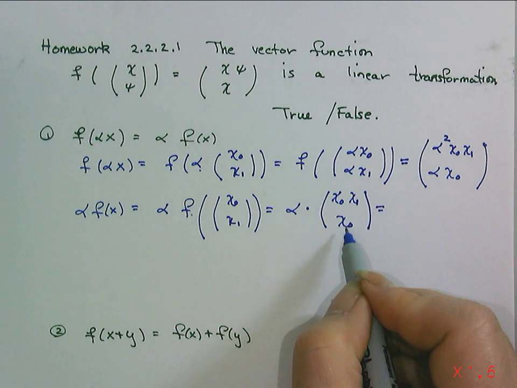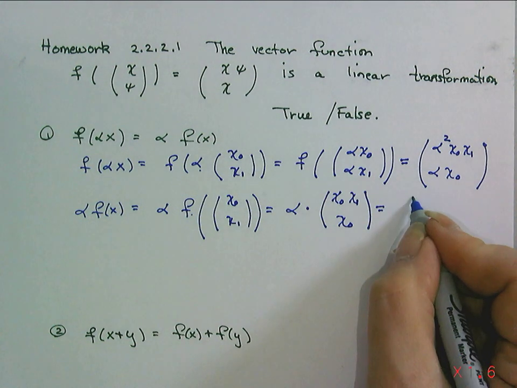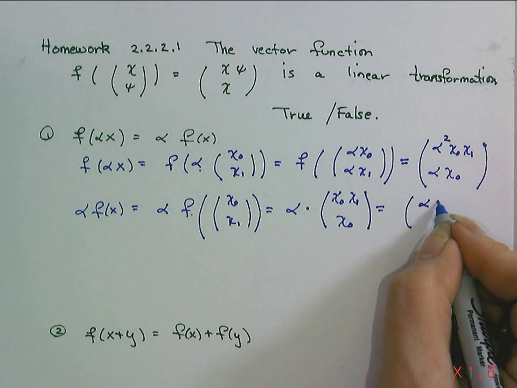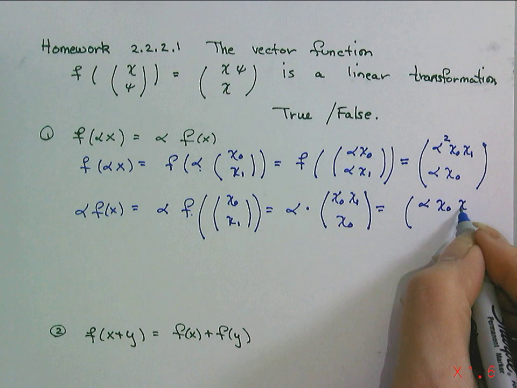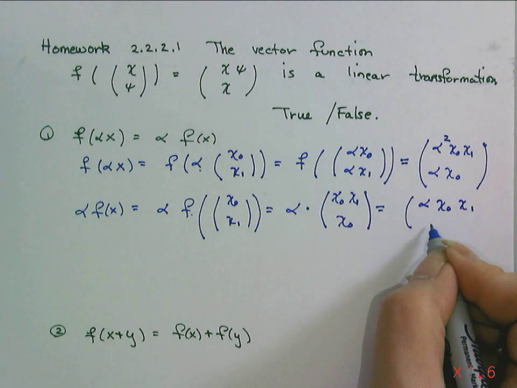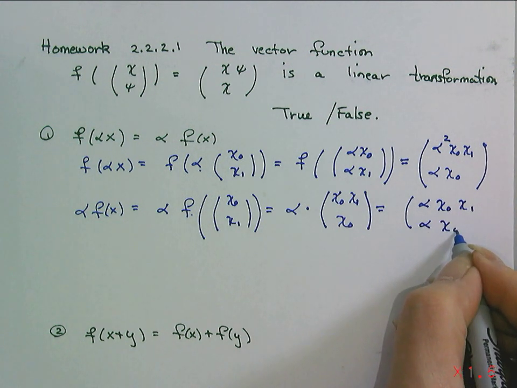When we multiply this vector by alpha, we get the vector with components alpha chi sub 0 times chi sub 1 and alpha times chi sub 0.